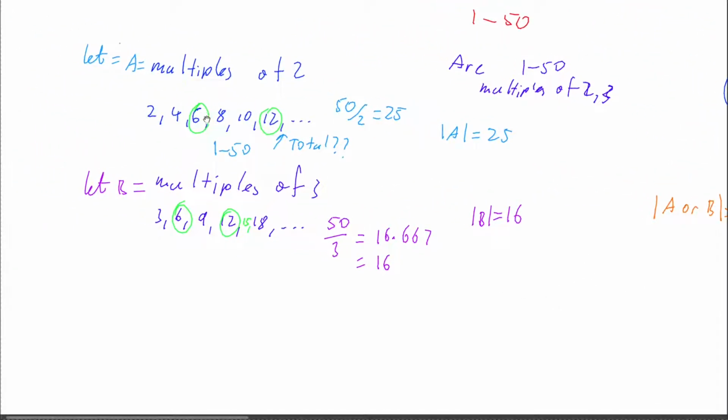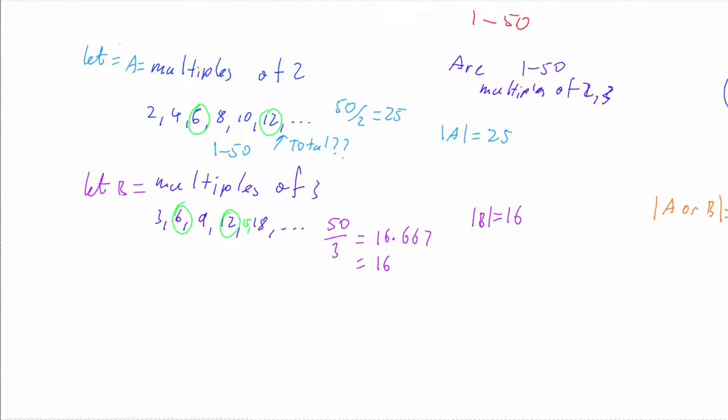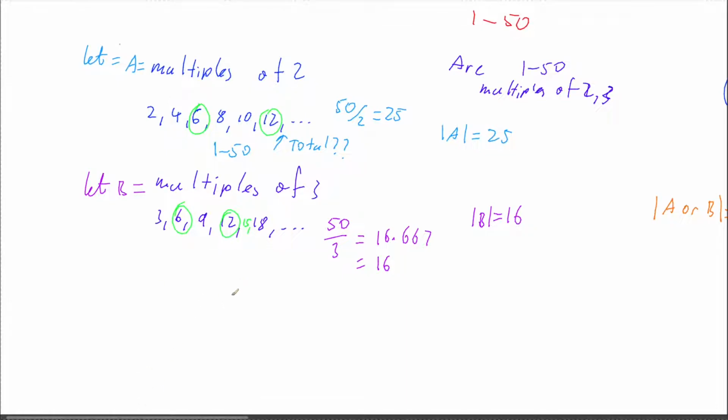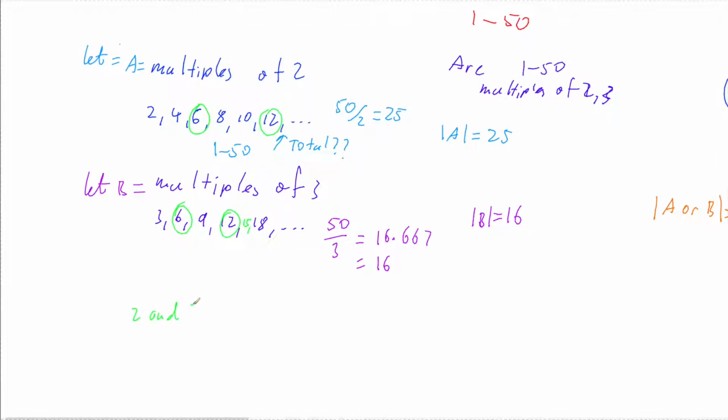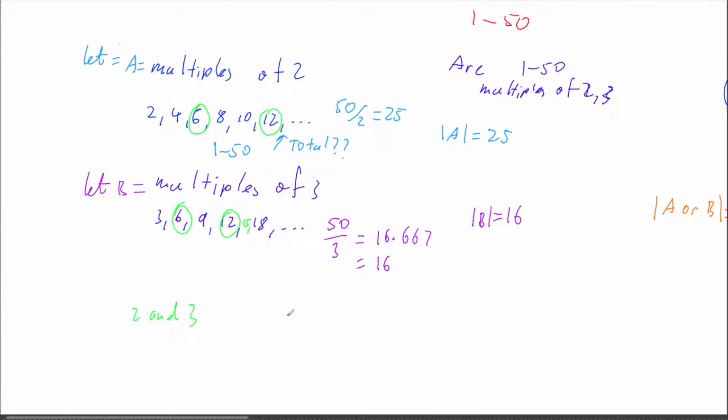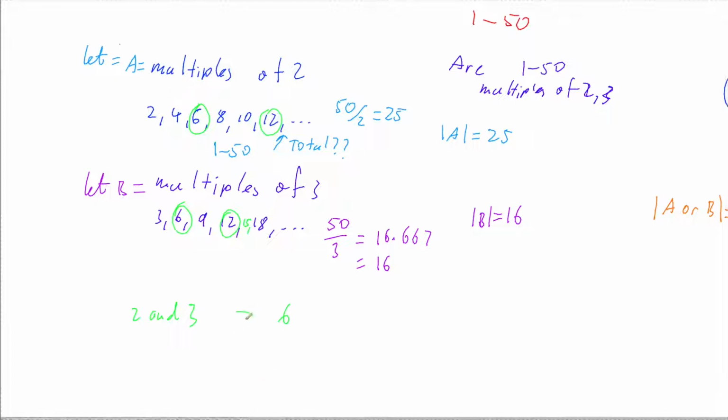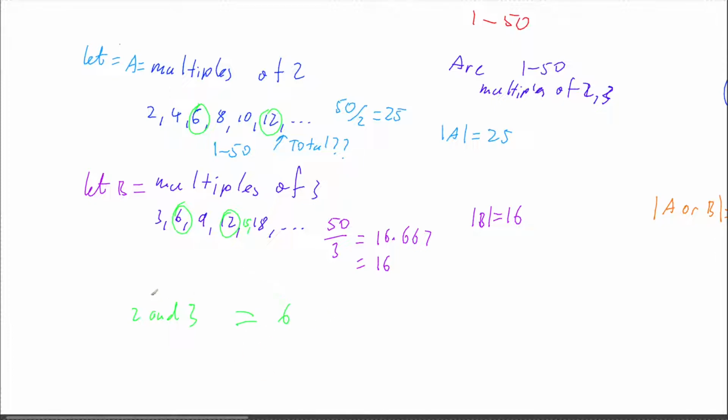How many times do we get them turning up in both lists? Now, if we look at our first instance, we have the number 6. And if you think about it, any number that is a multiple of both 2 and 3 is going to be a multiple of 6 because we're going to have 2 times 3 in there equaling 6.